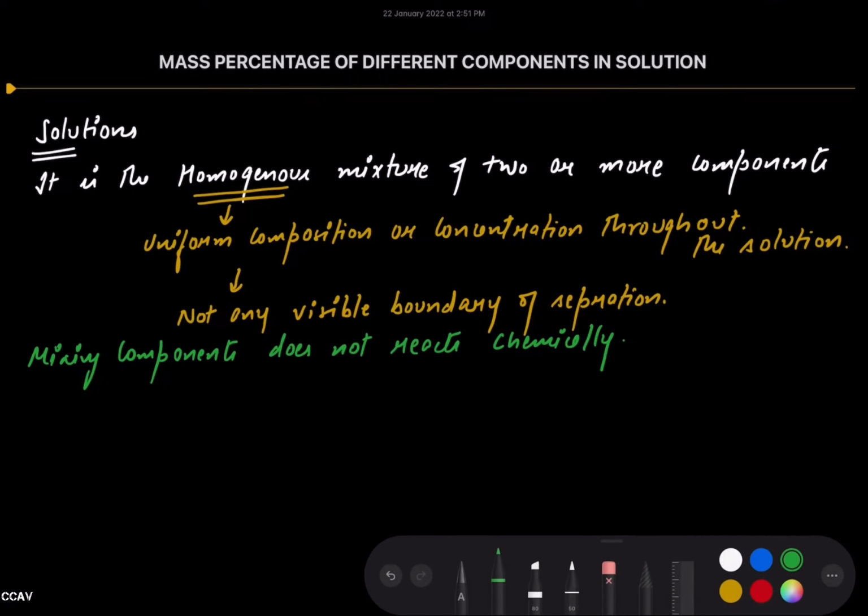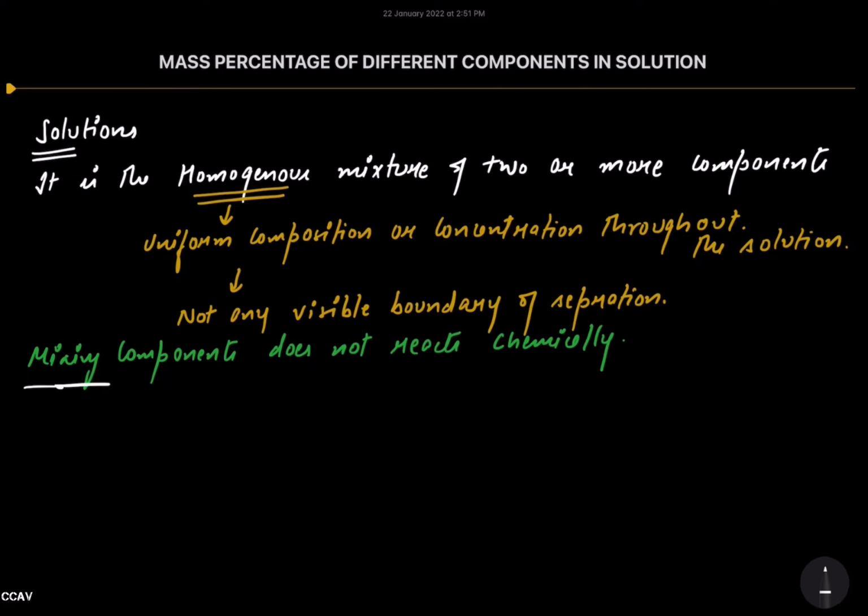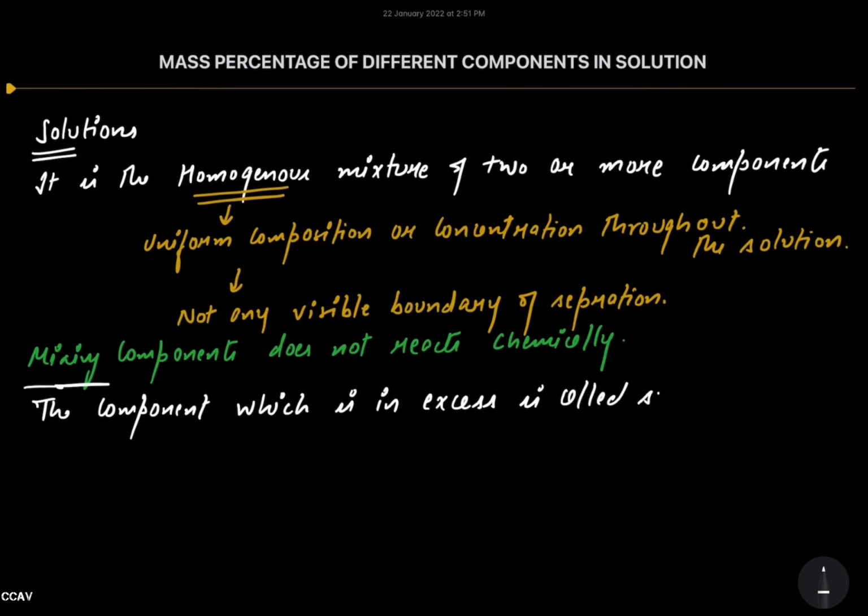Now, the component which is in excess is called the solvent. And obviously the other component will not be in excess, it will always be less than the solvent, and that is called the solute.